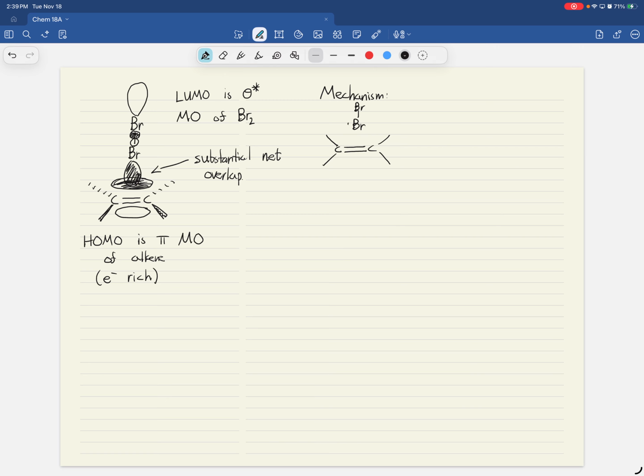Okay. So bromine is going to use some of this lone pair to attack one of the carbons. And then the alkene is going to attack back at the bromine atom and kick off this other bromine atom to give you a cyclic intermediate.